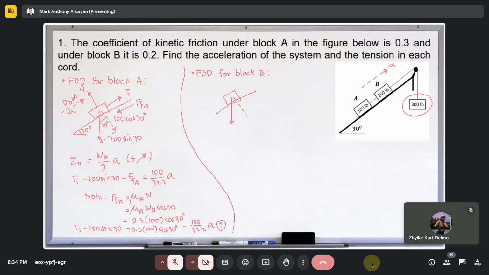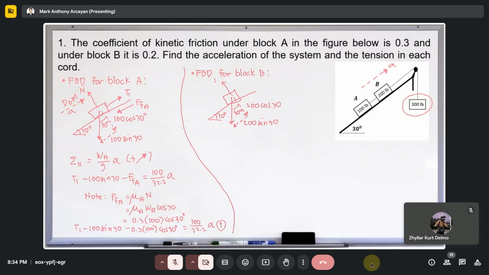Then we resolve the weight into two components, one normal and the other parallel. So here we have 200. The angle of the inclined plane is 30. Therefore, we have 200 cosine 30, and here we have 200 sine 30.